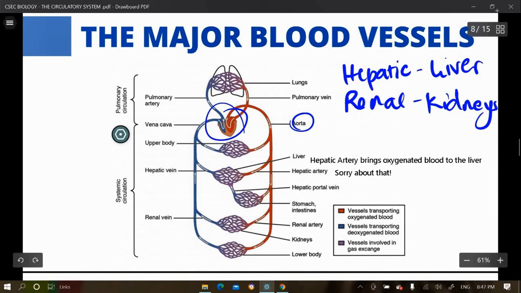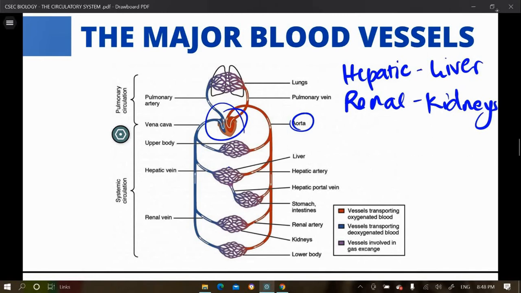And you have the hepatic vein, which will bring deoxygenated blood from the liver. You also have the hepatic portal vein, which is the blood vessel that brings blood from the stomach and the gastrointestinal tract to the liver.